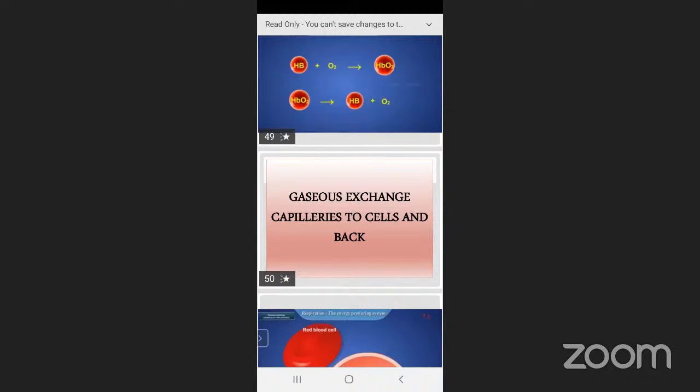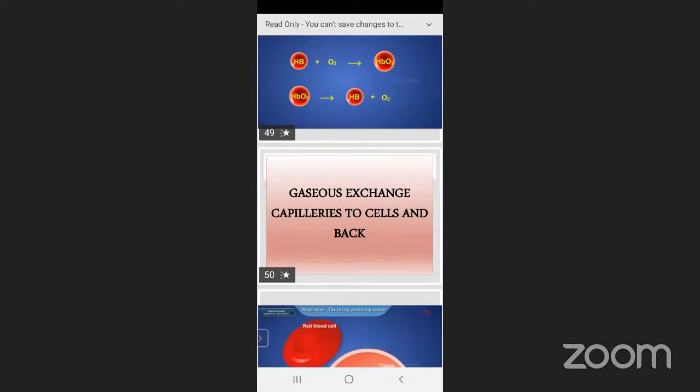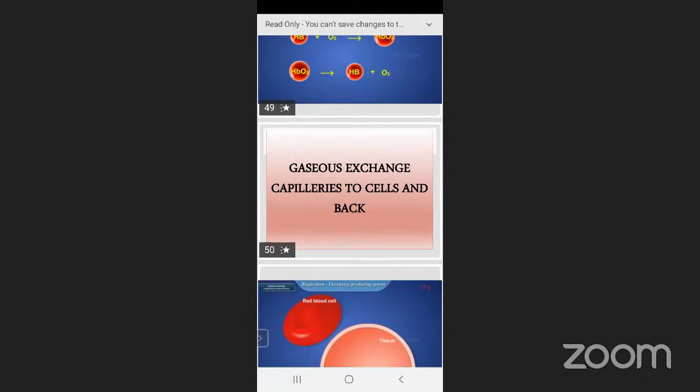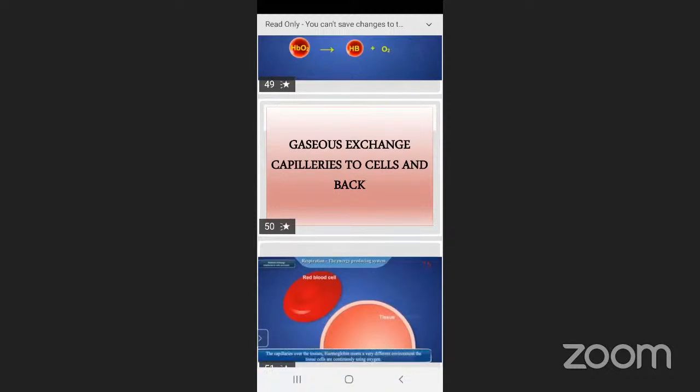So that is the reaction of Hb plus O2 gives rise to HbO2 when loading the oxygen. When it is carried to the tissue, HbO2 again divides into Hb plus O2. This O2 is utilized for the respiration process by the cells. By cellular respiration, H2O and carbon dioxide are released and energy is produced.